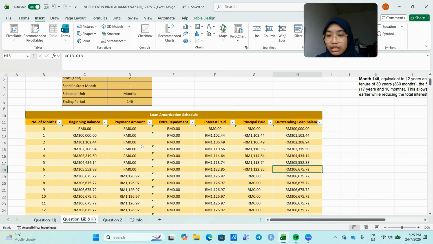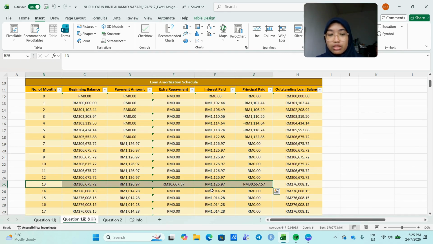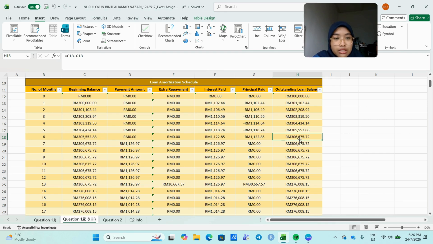As you can see in month 13, the extra repayment is calculated as 10% of the beginning balance, which equals 30,667 ringgit 57 cents. This extra payment goes 100% directly towards reducing the principal balance. Consequently, the balance drops instantly from this to this, which significantly lowers the monthly interest charged in the following months.